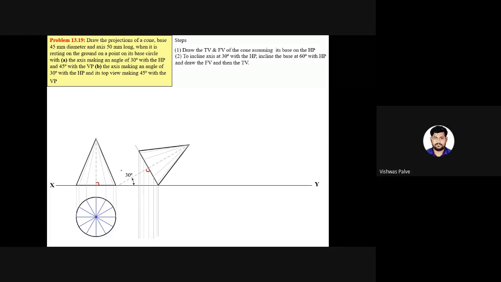So this will have points A, B, C, or 1, 2, 3, 4, 5. All the 12 points you have to give. Then there will be the apex point O. Take the projections from each individual point. So let us give some numbering.